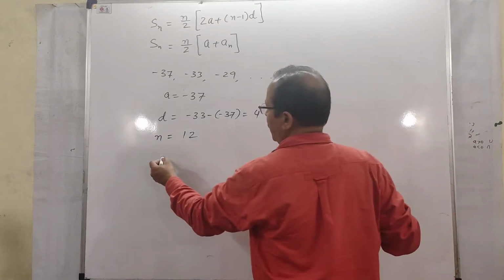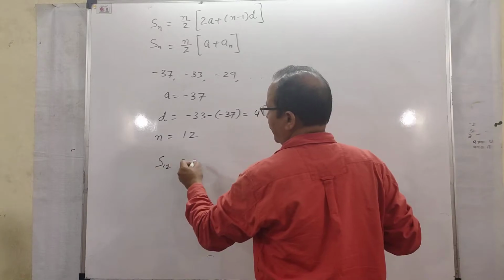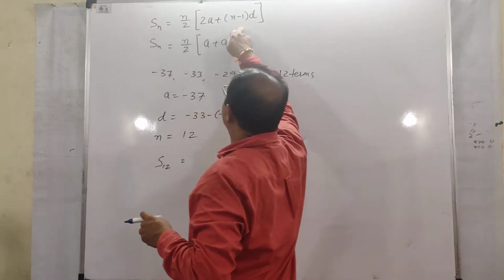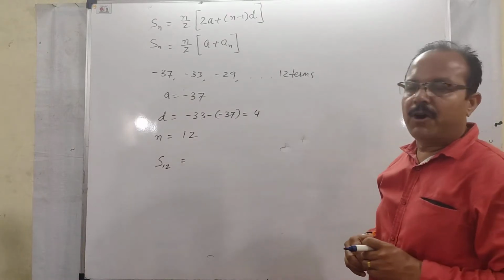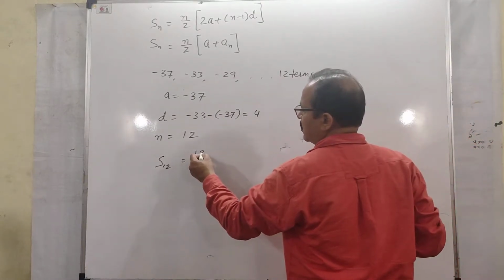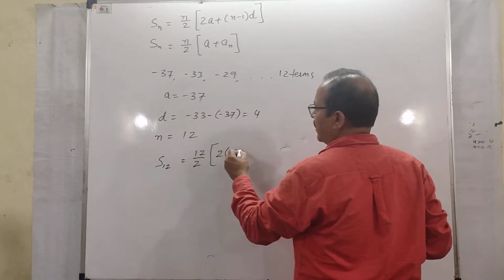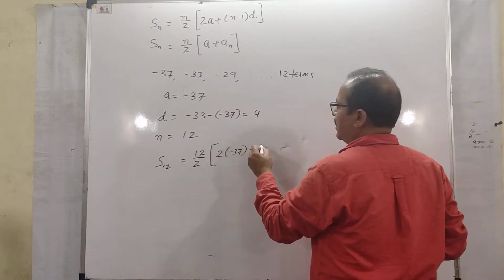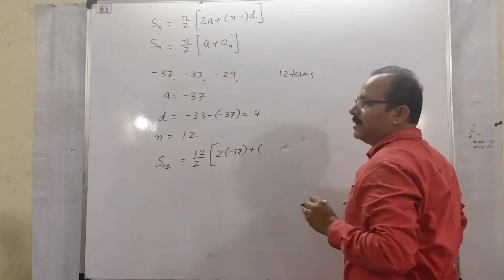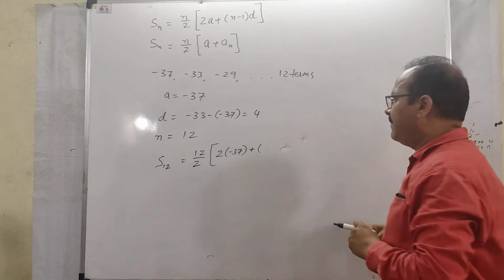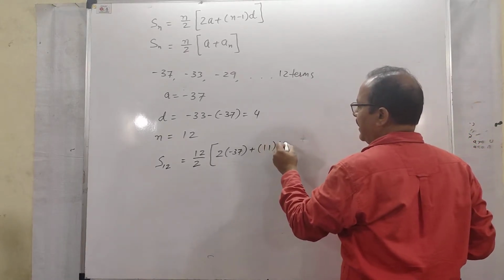Now let's apply the formula. We will write S12, because Sn is for n terms, so S12 for the first 12 terms. So 12 upon 2 into 2a plus n minus 1, 12 minus 1, so what is 12 minus 1? 11d.